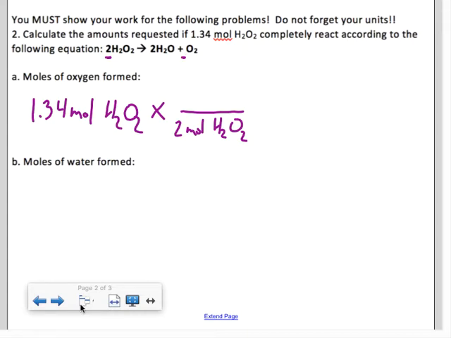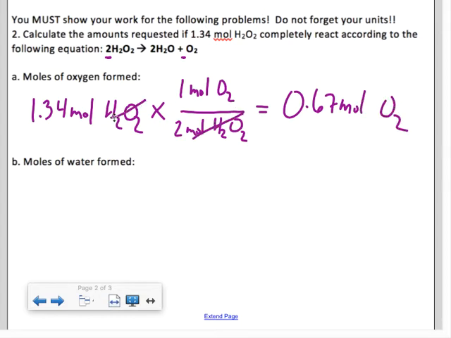So 1 mole of O2. So 1.34 times 1 divided by 2, you punch that in your calculator, should get 0.67 moles of O2. Remember, hydrogen peroxide, the reason why it's on the bottom is it's going to cancel out. So you're left with moles of oxygen gas.